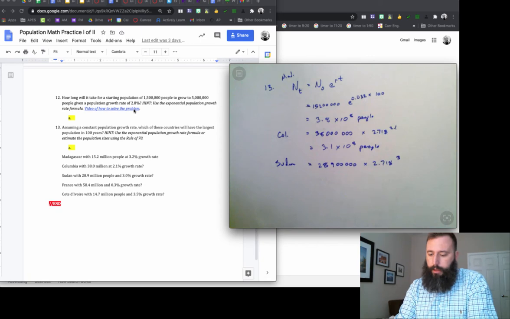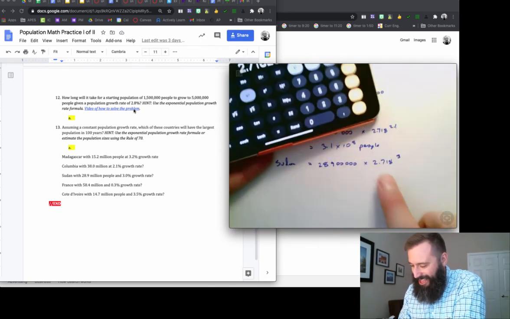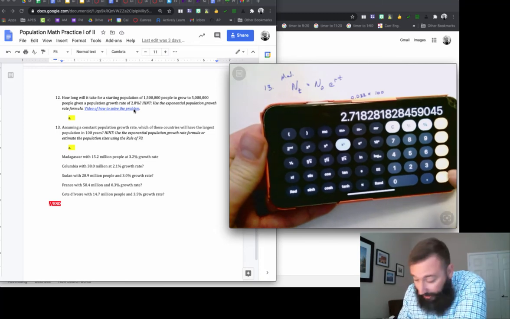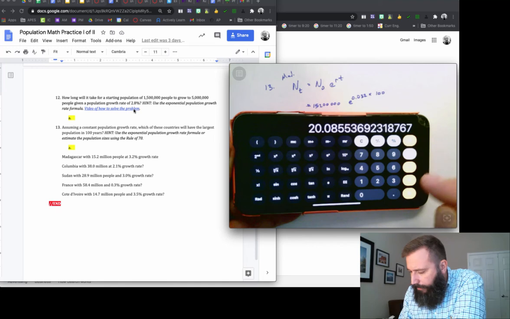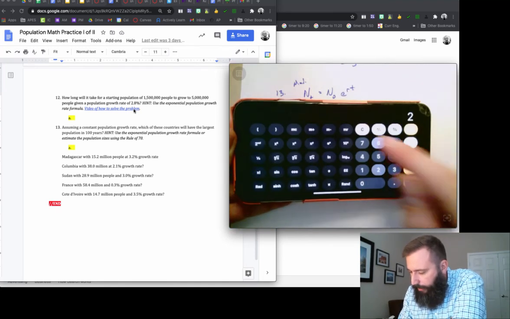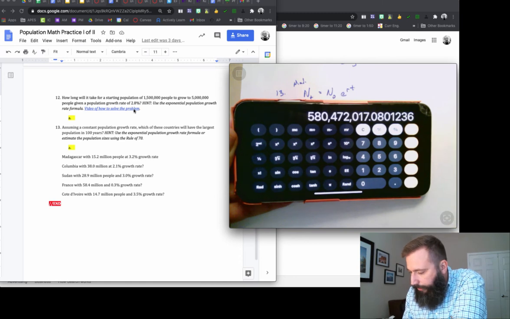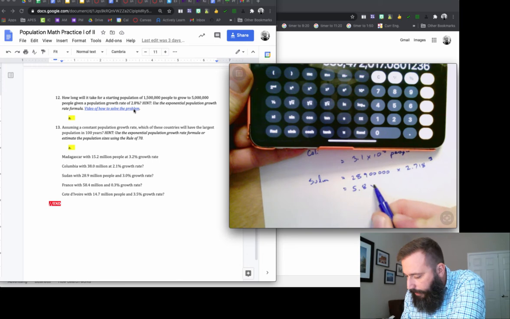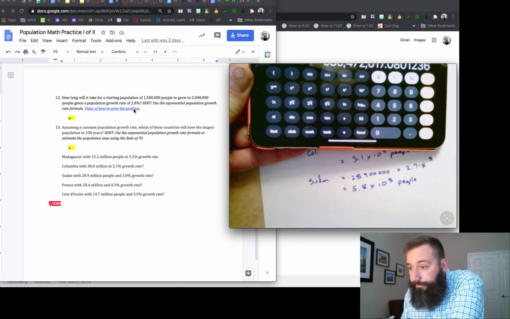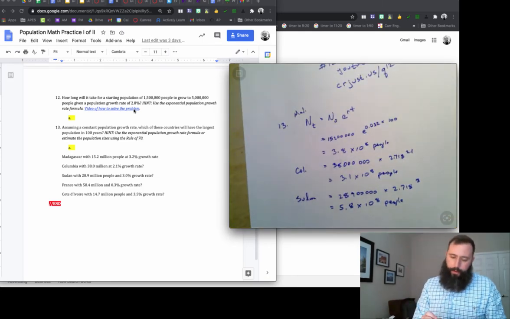Okay, this is a little faster than I thought using this formula. E to the 3rd, oh wow, big number there, times a pretty big number as well. I think we might have our winner. We'll see though. Yeah, huge, right? Look at that. It is equal to 5.8 times 10 to the 8th people. Okay, nice.